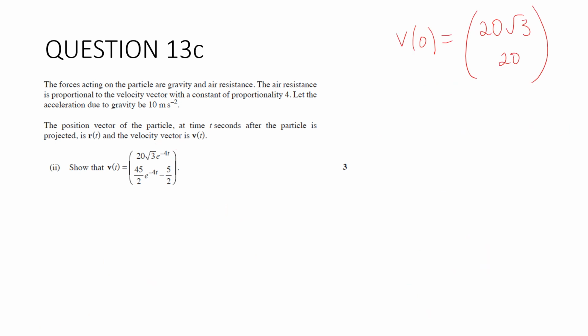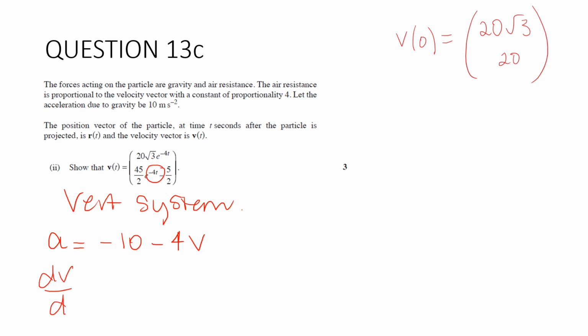Now let's work in the vertical system. So we have a is equal to minus 10, take away 4v. Again, we want t, so let's do dv/dt is equal to negative 10 minus 4v, and turn it upside down: dt/dv is equal to negative 1 over 10 plus 4v.